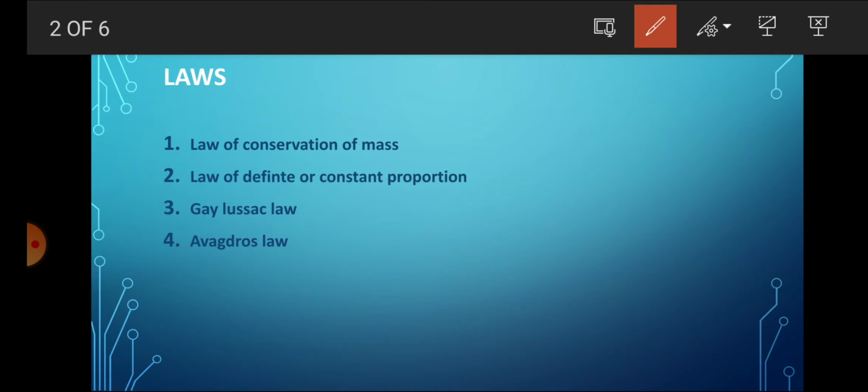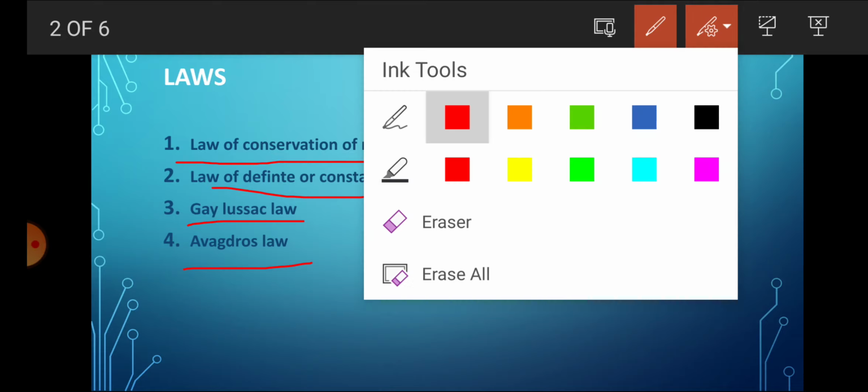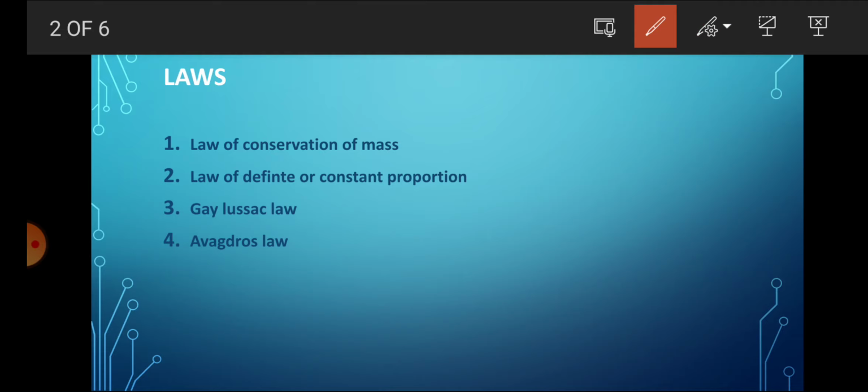There are the law of conservation of mass, the law of definite or constant proportion, the law of Gay-Lussac, and Avogadro's law. So let's start with the first law, the law of conservation of mass.